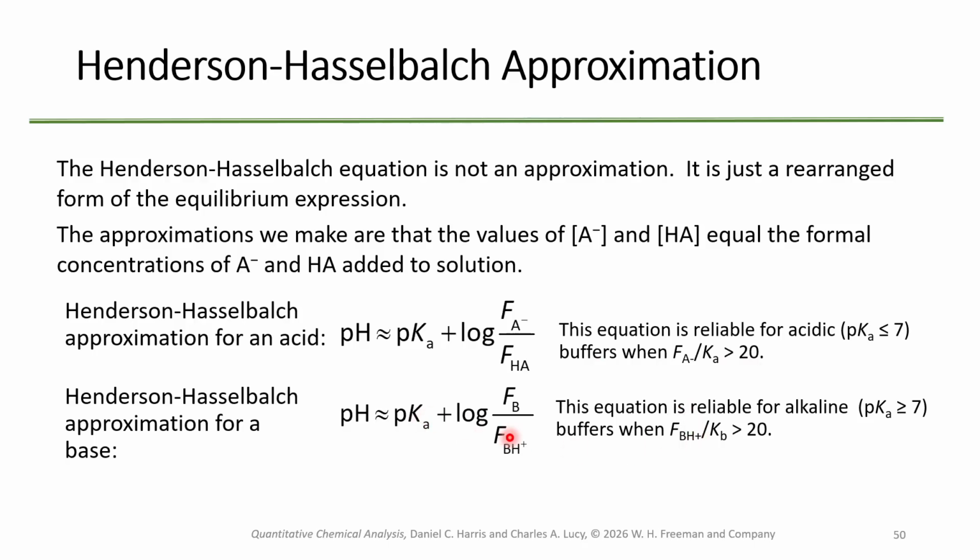This is the one for the base, by the way. And so you'd have the acid form here that you're associating to, divided by the Kb. If that's greater than 20, again, your approximation will be good. You can use your formal concentrations here rather than having to solve out for their equilibrium concentrations.